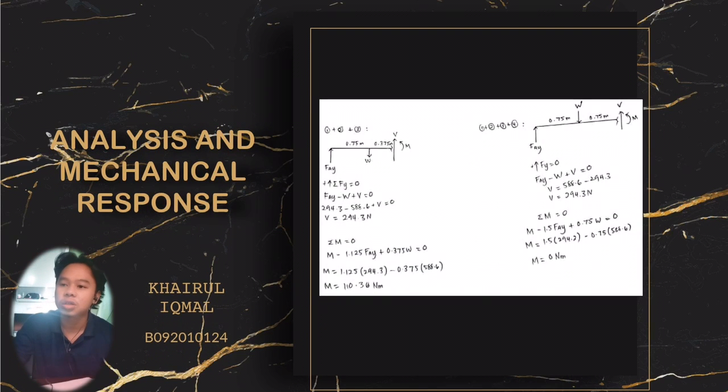For the last section, the shear force is 294.3 Newton, and the bending moment is 0 Newton meter, which is the moment needed to be 0 to keep the structure in equilibrium.